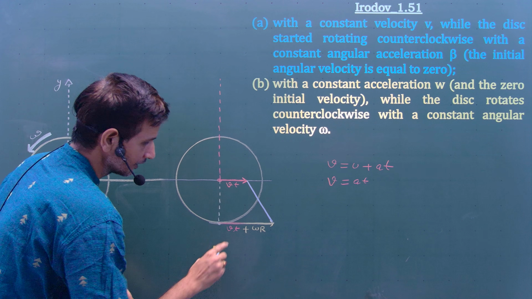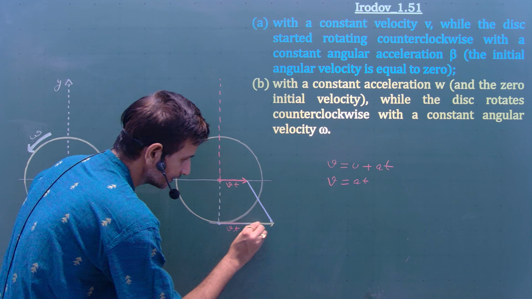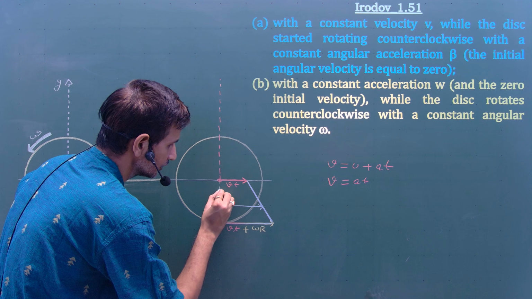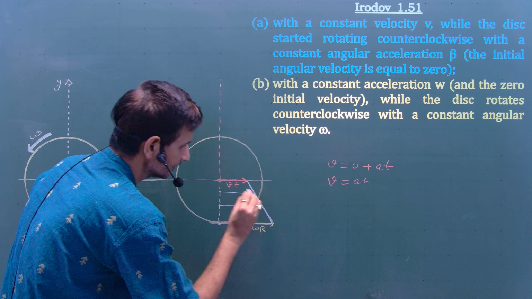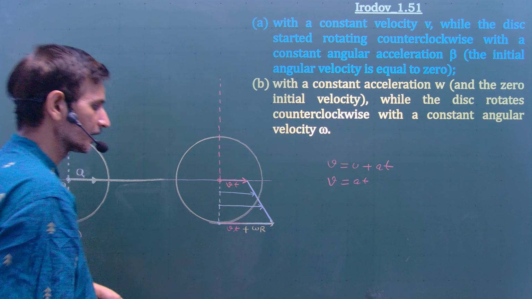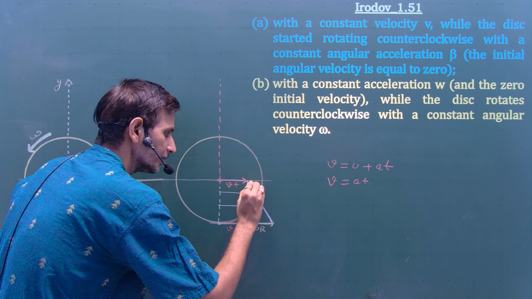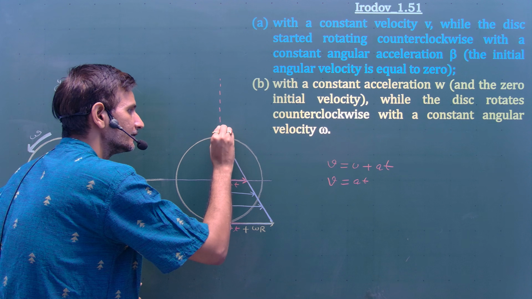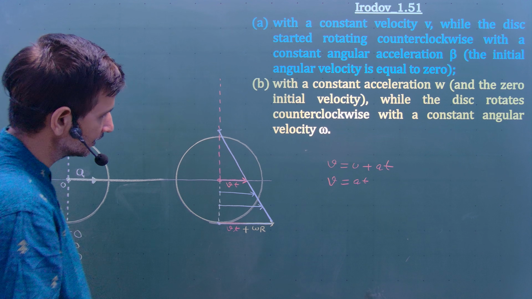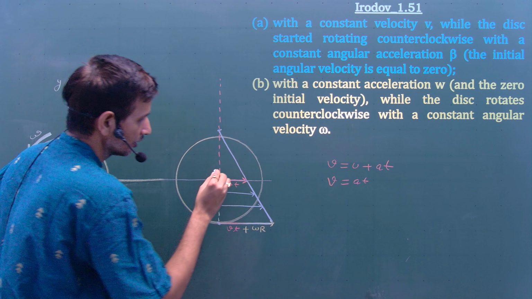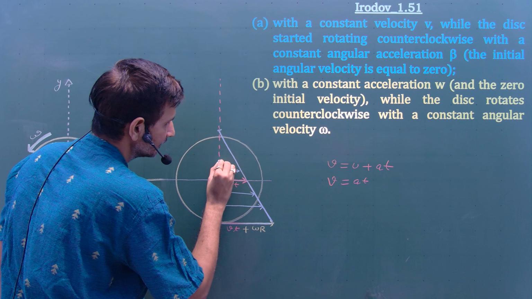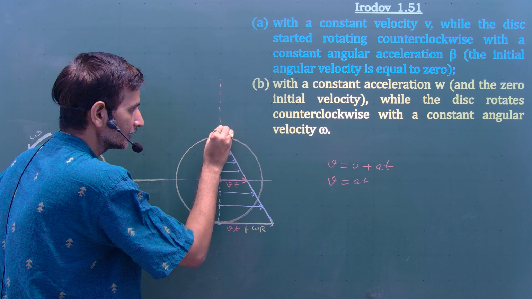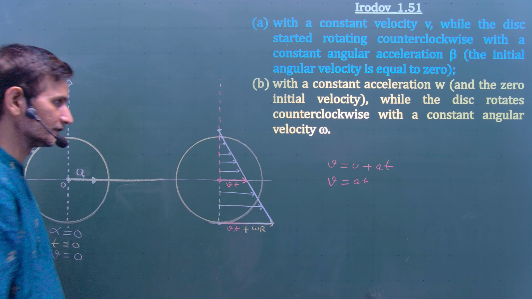The velocity of this point is this length, the velocity of this point is slightly less than this, and the velocity of this point is at. The same pattern continues, and if I continue the same straight line, the velocity decreases in the same proportion. So this is the position of the instantaneous axis of rotation.